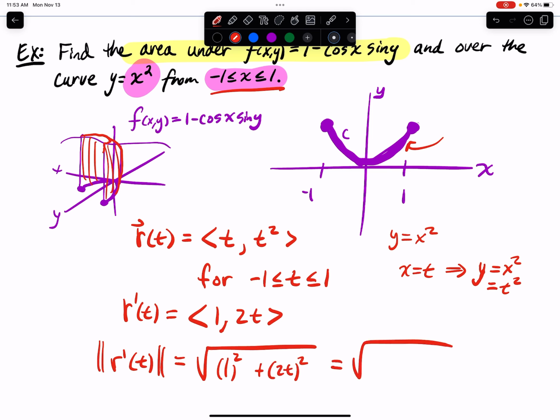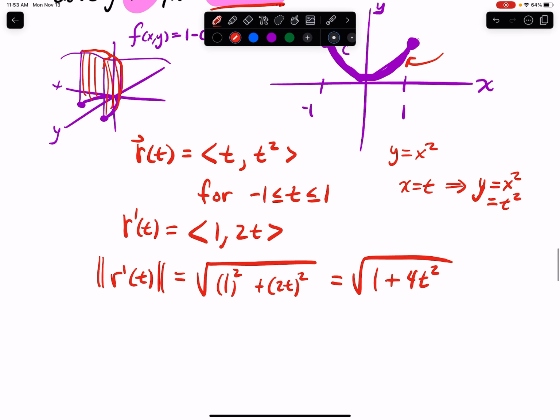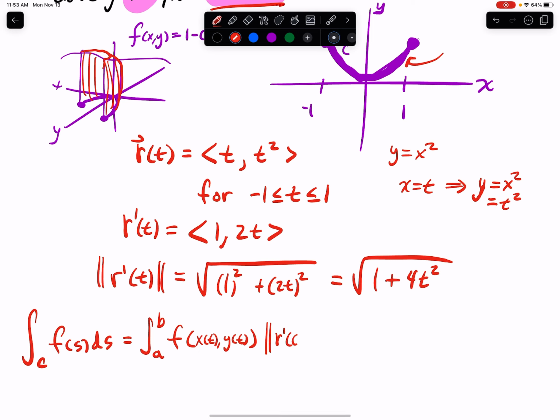So the magnitude is the square root of 1 plus 4t squared, which is a little bit different than what we have done in the past. So integral over C of f of s ds equals the integral from a to b of f of x of t, y of t, times the magnitude of r prime of t dt.